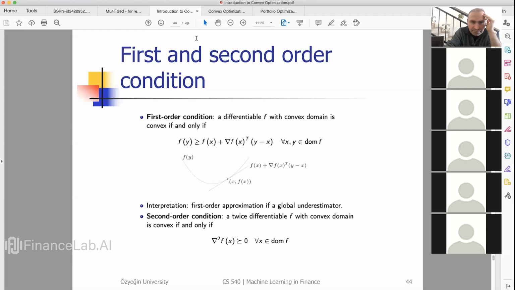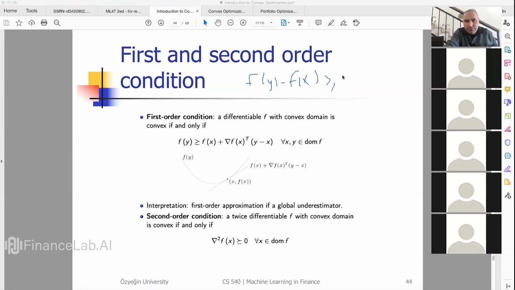So in order for f to be a differentiable convex function, in this case, f(y) minus f(x) should be greater than or equal to the gradient times y minus x.